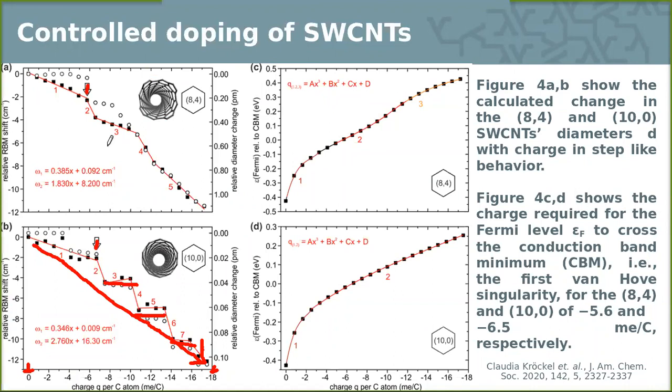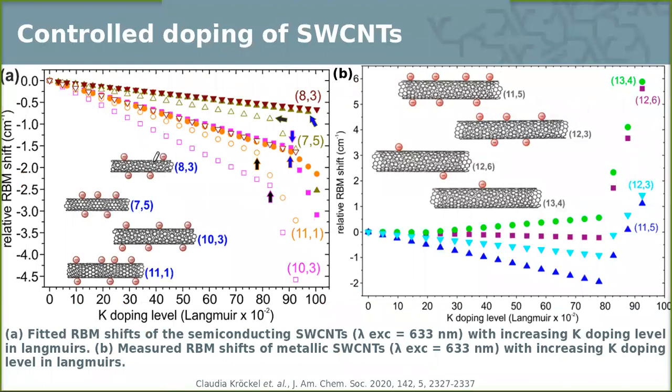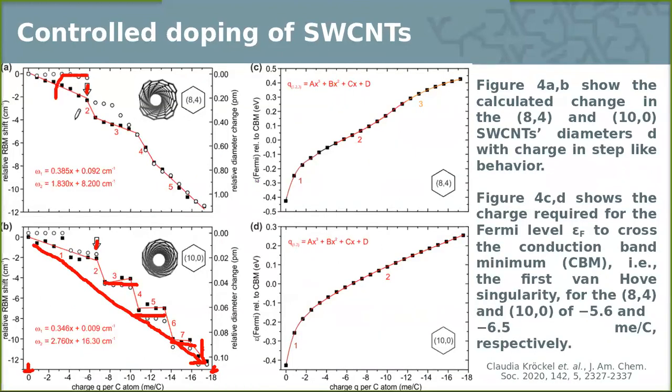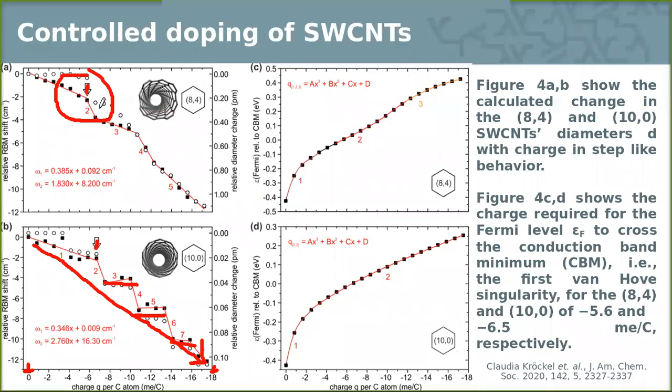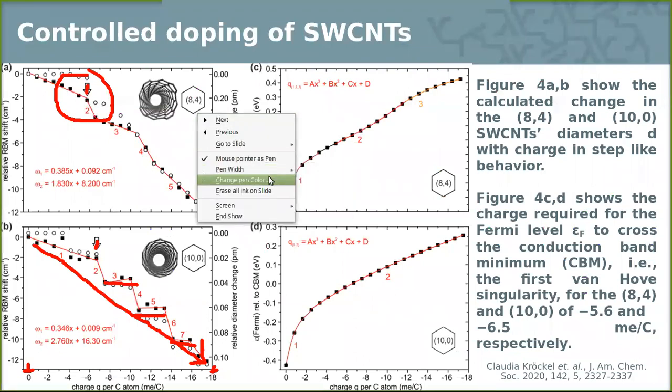When we see this kind of behavior, we analyze our experimental results, and we see that when we increase the concentration of electrons in the sample, in this region here, we also get a reduction in this RBM frequency. And then at one point, we have a drop here. The drop tells us that we were reaching this point here. Let me change the color.